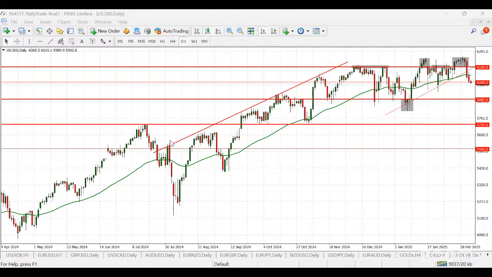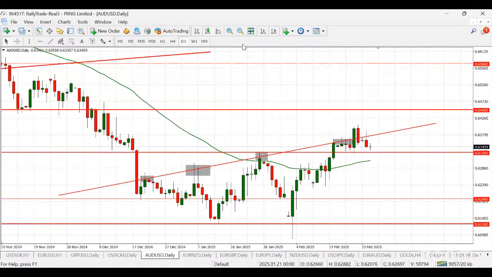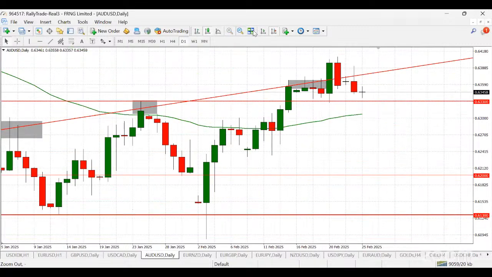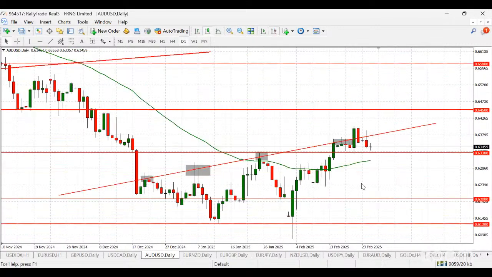Okay, for Eddie, AUD USD, consider the moving average below that support. Okay, let me quickly check that for AUD USD. Yes, definitely. Price would react once it approaches this 50 period moving average.